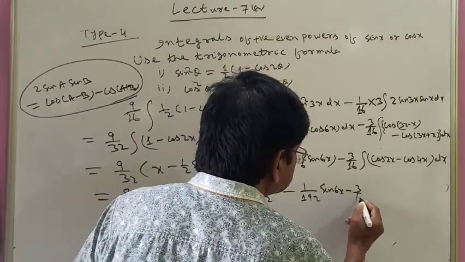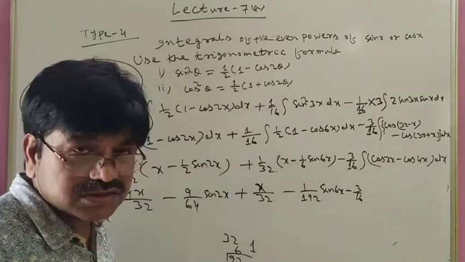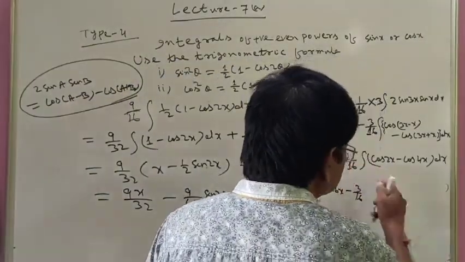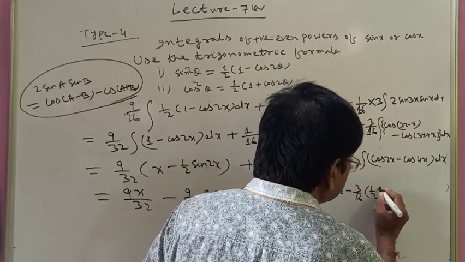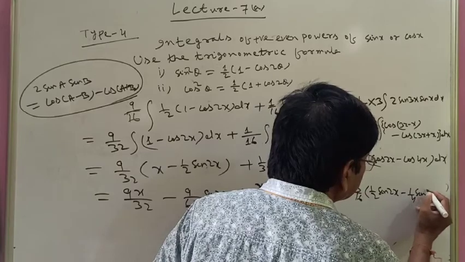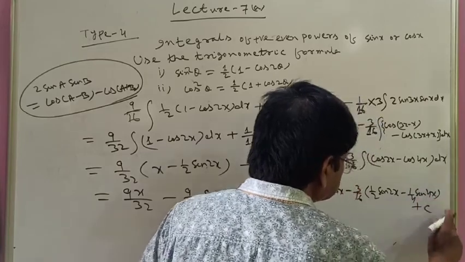Then minus 3 by 16 into integration of cos 2x minus integration of cos 4x. Integration of cos 2x is 1 by 2 sin 2x. Integration of cos 4x is 1 by 4 sin 4x. Then plus a constant c.